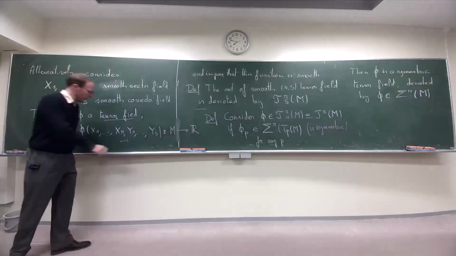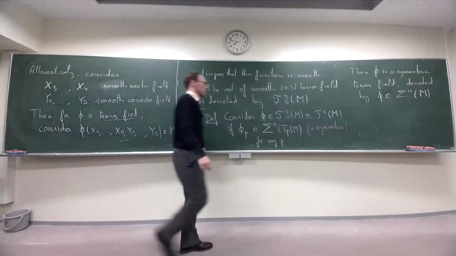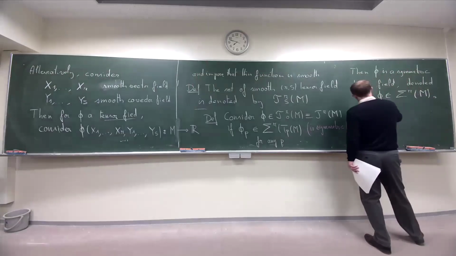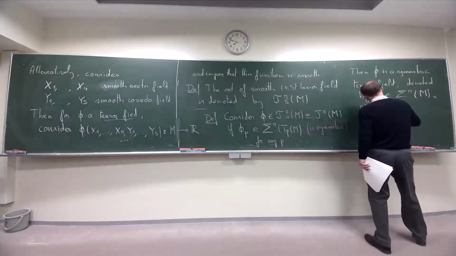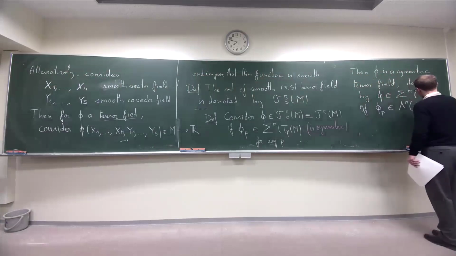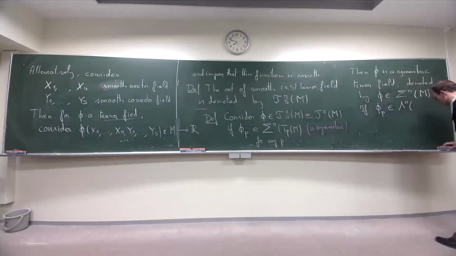And now if phi p is antisymmetric, and this is the notation I have introduced, it's in lambda R of TpM.